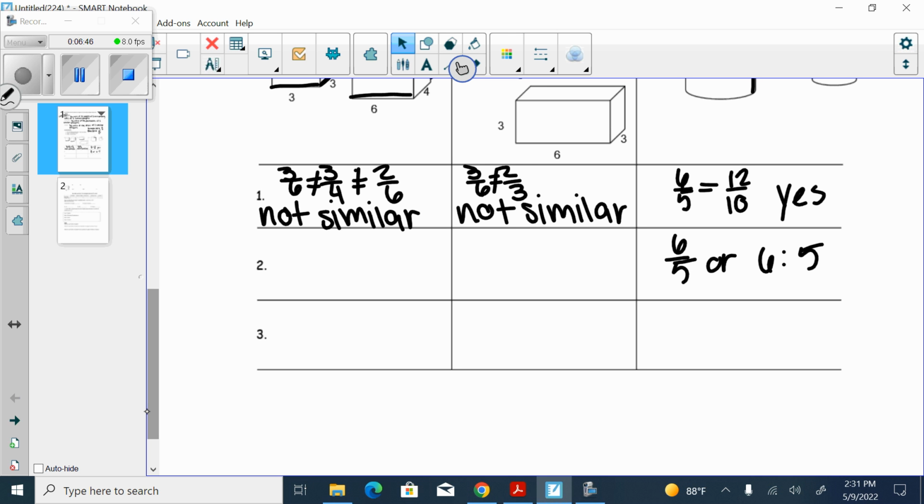What am I going to do to get the area ratio? Squared. So I would have 6 squared over 5 squared, which is really what? Very good. Okay, so in order for 2 figures to be considered similar, their corresponding sides have to have the same ratio. Okay?